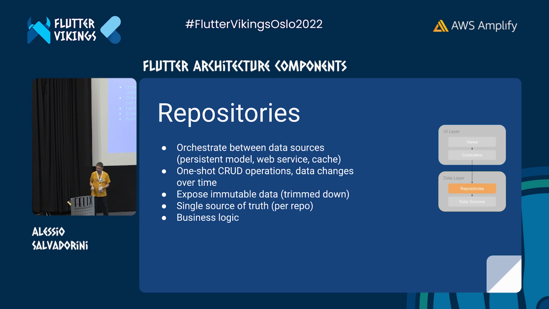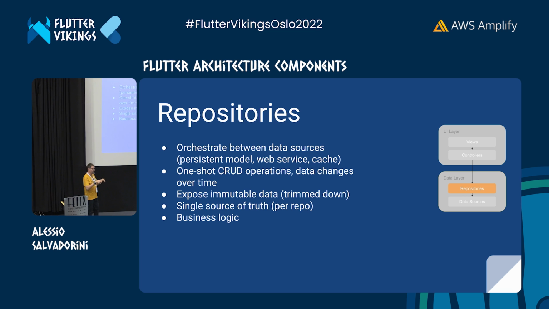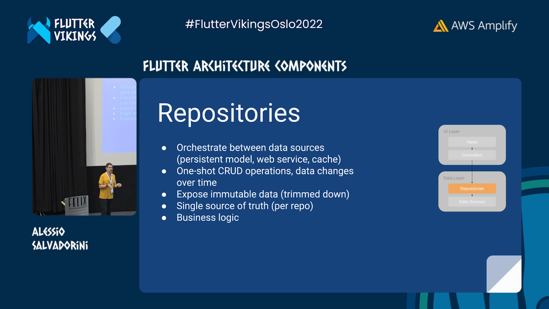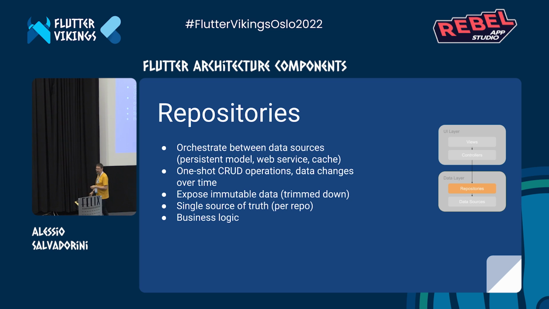Then there are the repositories. They are classes where your data is stored, and they are very important because they orchestrate, for each data type, between the data sources. So you will have more than one data source, or even zero if you want, and they will be the ones deciding where you get your data first.